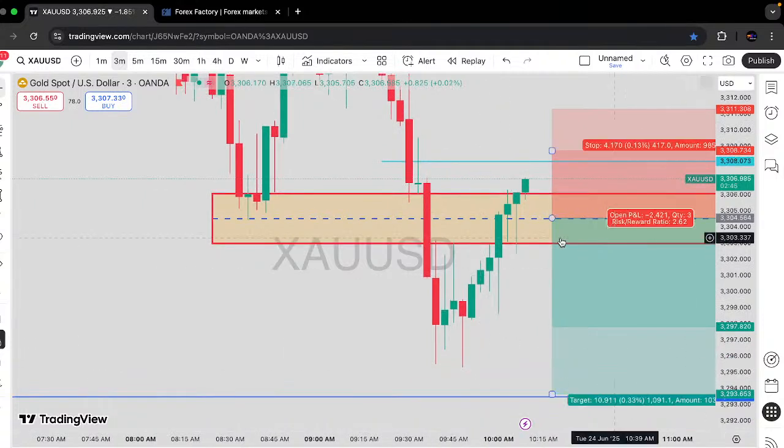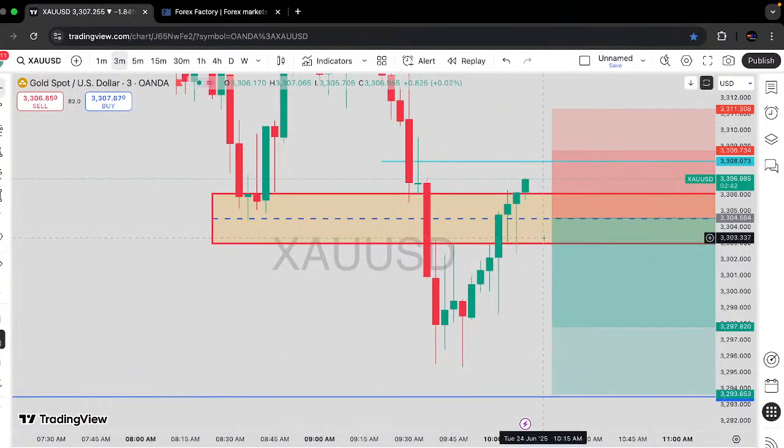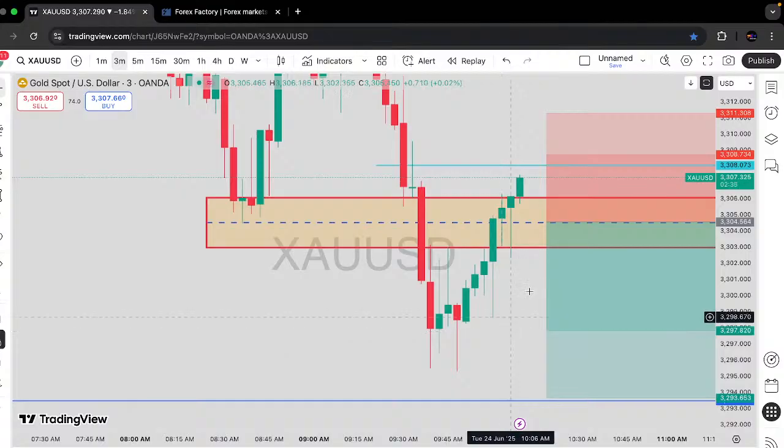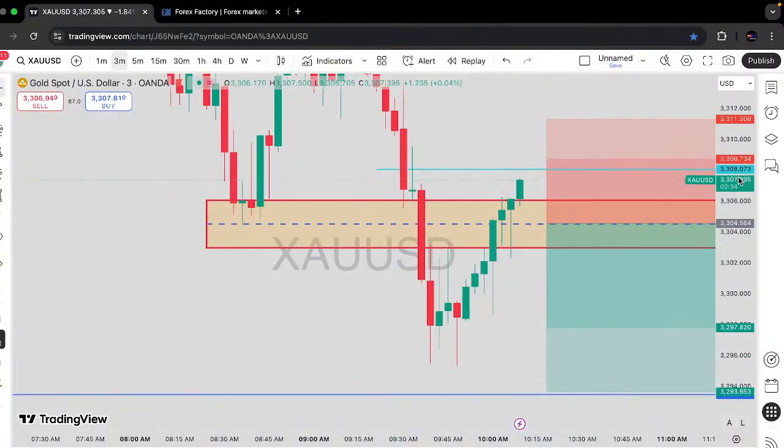Oops, that didn't happen. We were looking for a sell, and we were looking for price to dip below. It happened, so let's see.